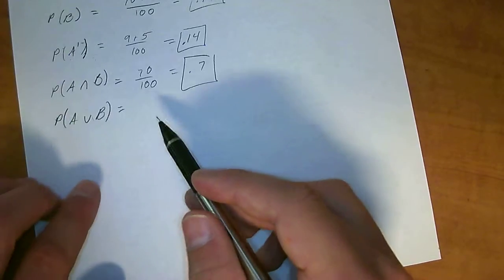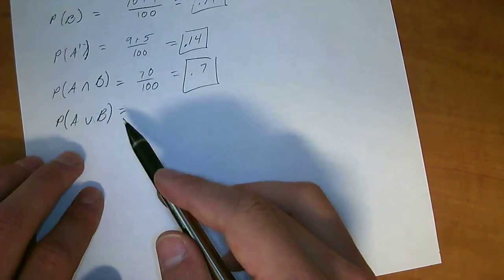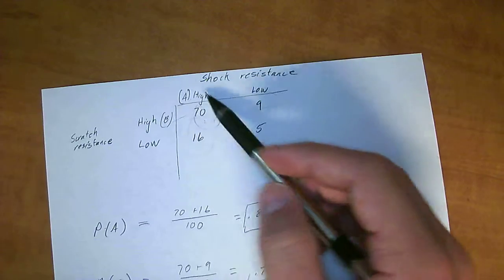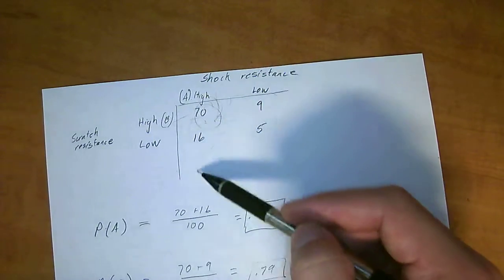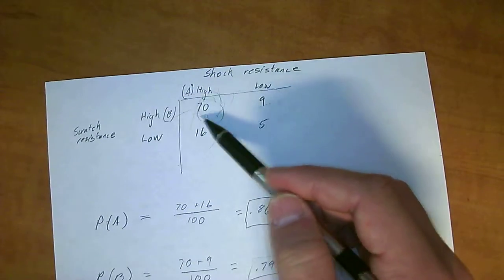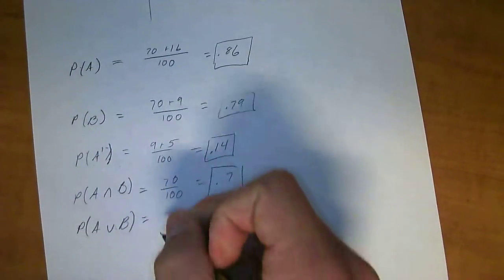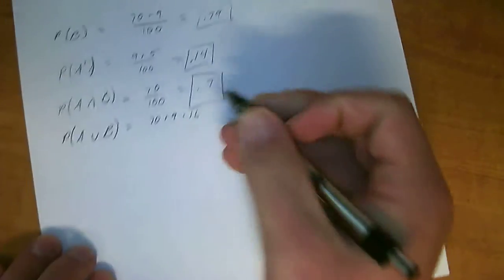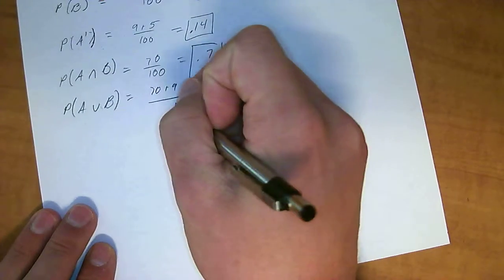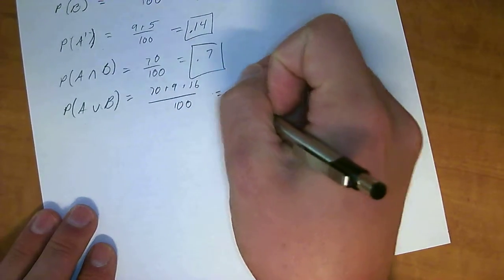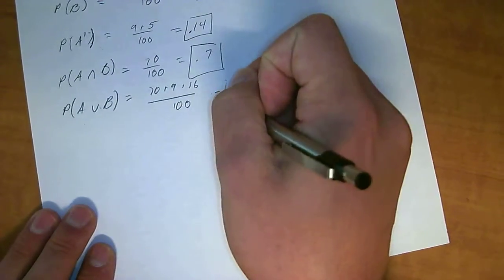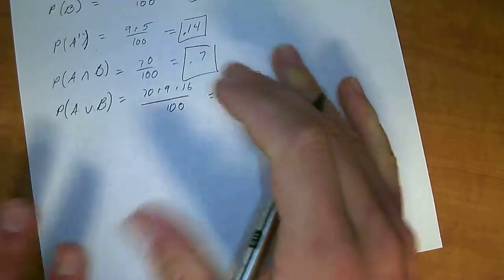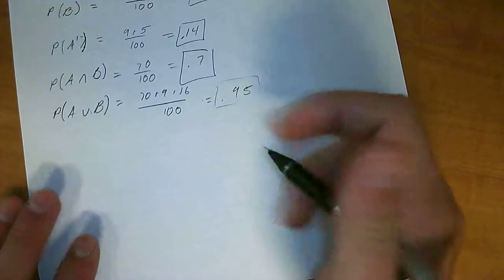Just because you have A or B doesn't mean you multiply 70 by 2 because it's included in A and it's included in B. No, you just take the values that are contained. So this is going to be 70 plus 9 plus 16 all over 100, and this will give you 0.95 of having either a high shock resistance or a high scratch resistance.